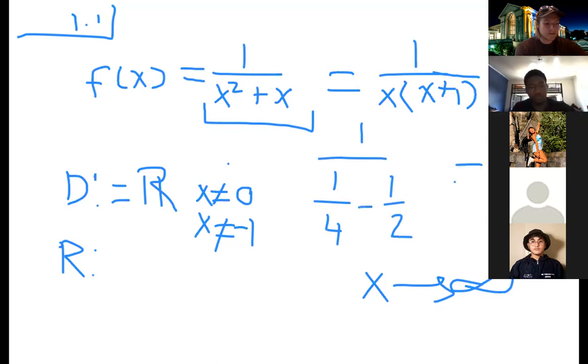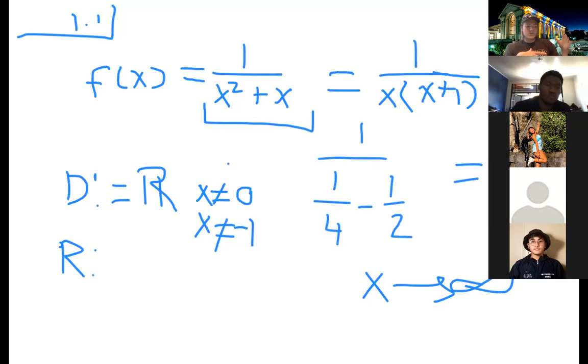So that gives us something like 1 over -1/2, which can be rewritten as -2. I believe I did that correctly. 1 divided by 0.5 is 2, right? Does that make sense? So this gives us -2 total.